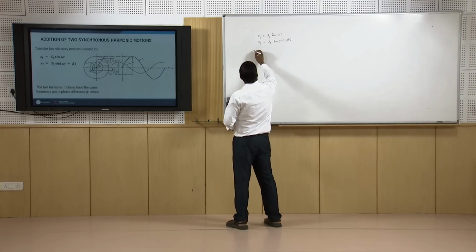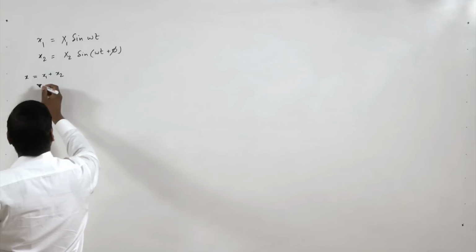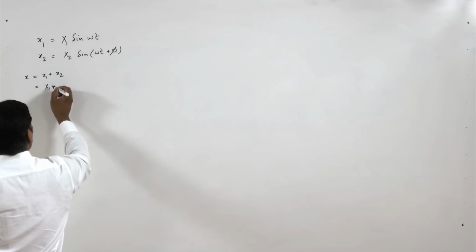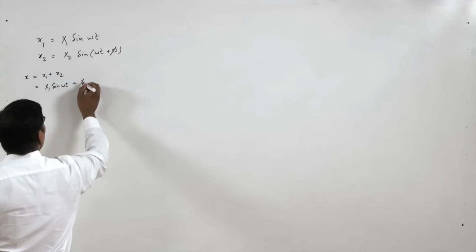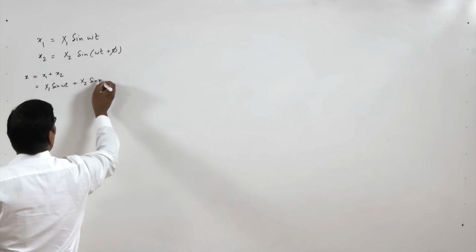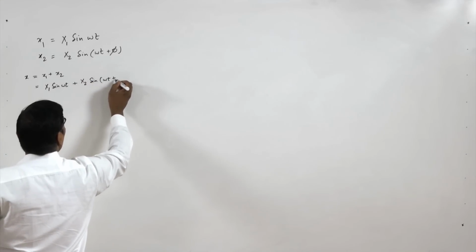So, let us say that the resultant x is x1 plus x2, so we can write X1 sin omega t plus X2 sin(omega t plus phi).